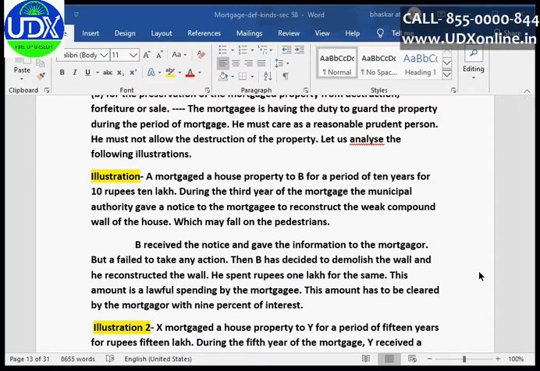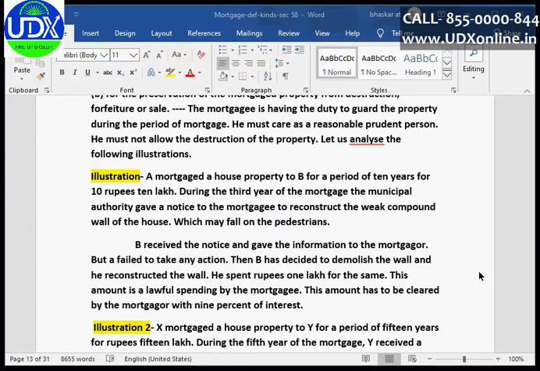Mr. A mortgaged a house property to B for a period of 10 years for 10 lakh rupees. And during the third year of the mortgage, the municipal authority gave a notice to the mortgagee to reconstruct the weak compound wall of the house, which may fall on the pedestrians.